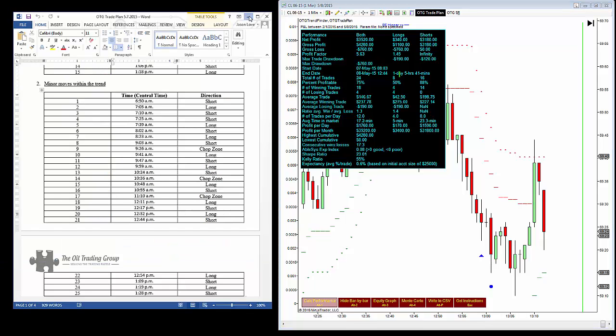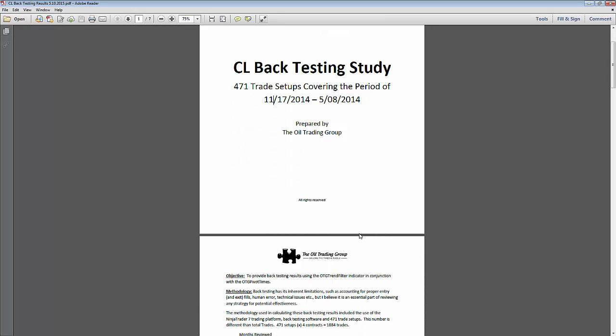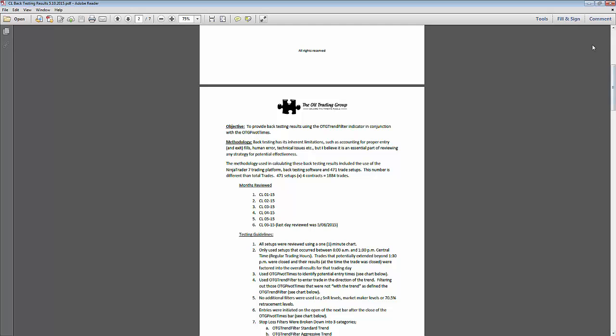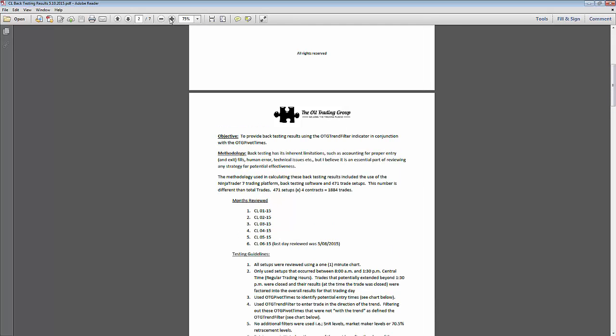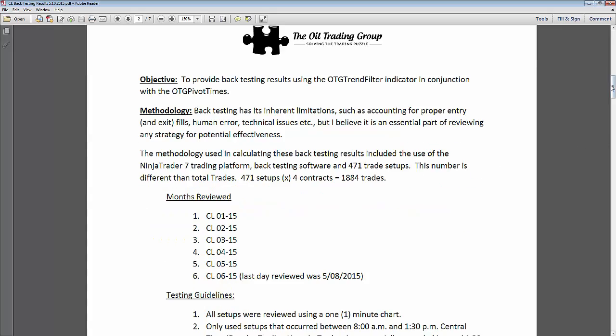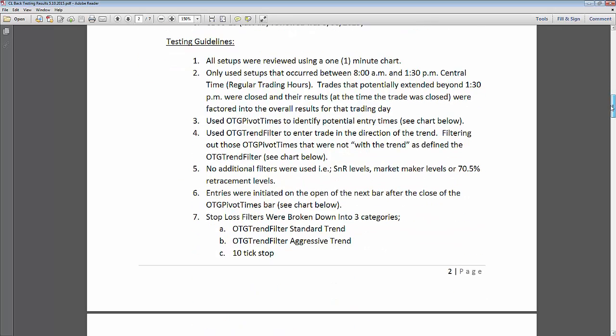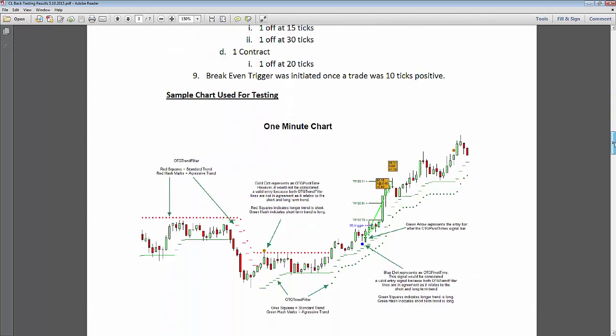Now, the other thing that I've done here, and I want to show you this really quickly, is I did a back testing study, just like I showed you right there, that encompassed the trading dates of 11/17 through 5/8 yesterday of 2014. This is an 8-page document, and I go through the objectives, the methodology of the back testing.